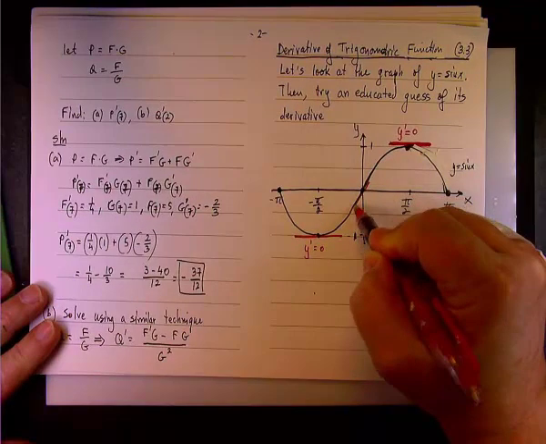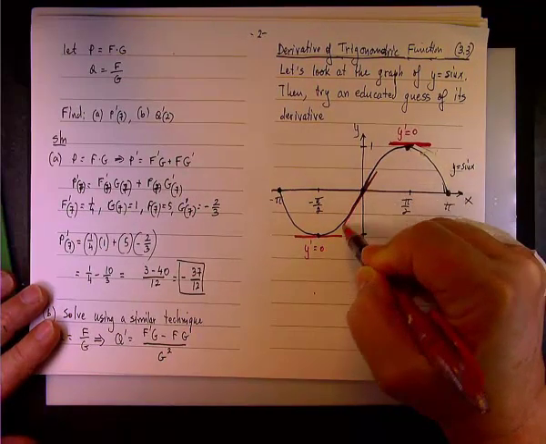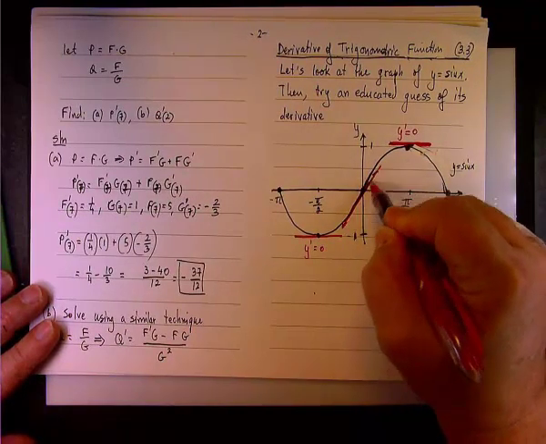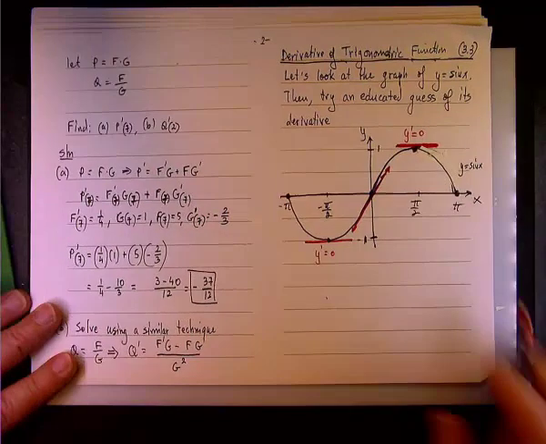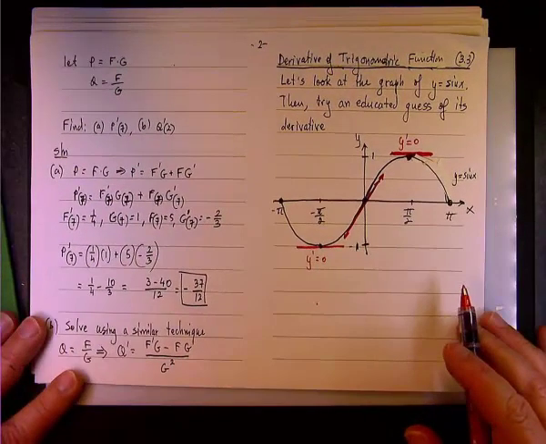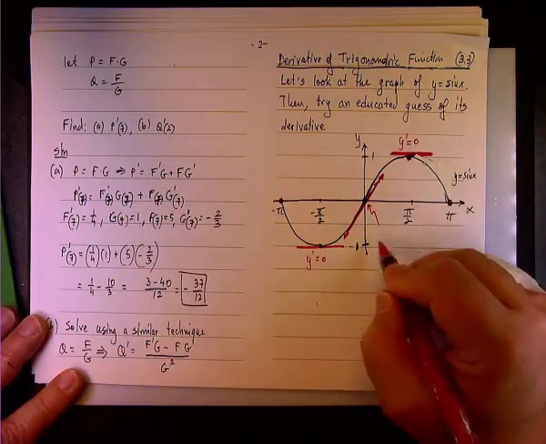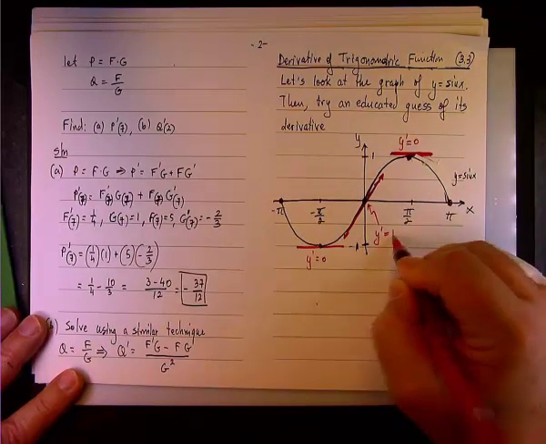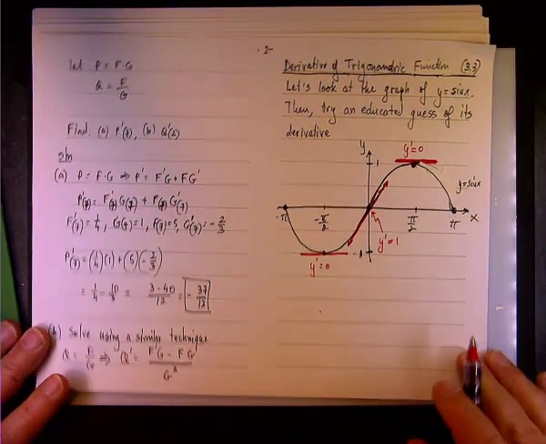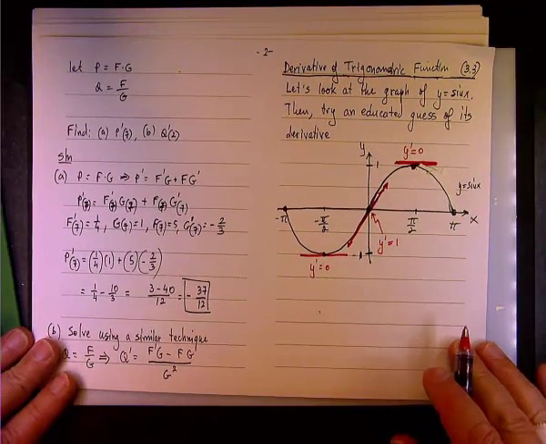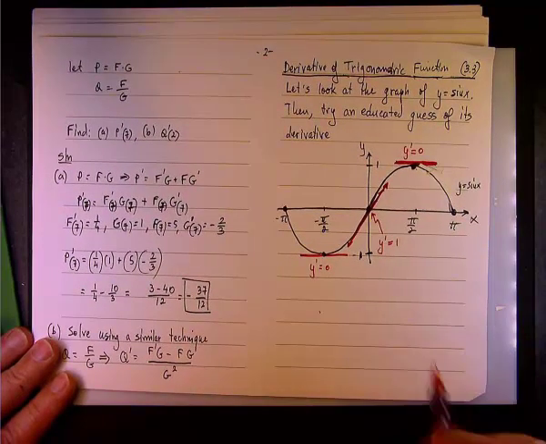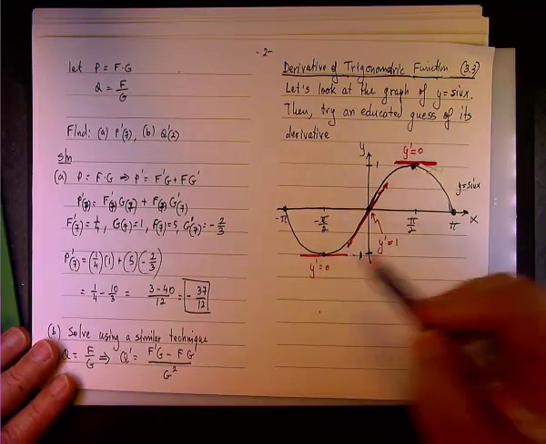Well, it's right there at the 0, isn't it? And it appeared to be at 45 degrees. Indeed, it is. Maybe the graph doesn't show it, but let's assume that it is, and we're going to say that y prime equals 1 here. Okay.